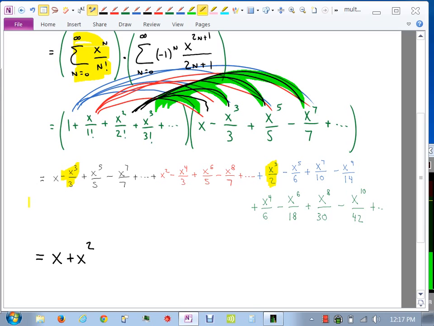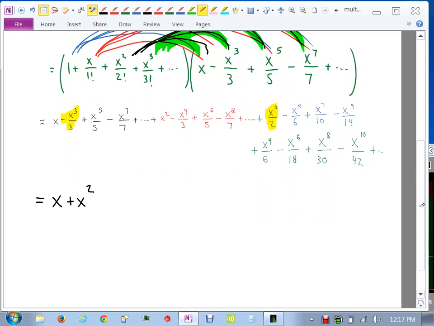So what's negative x cubed over 3 plus x cubed over 2? It'll be over 6. Let me write it down. I'm trying to do negative x cubed over 3 plus x cubed over 2. So x cubed over 6.